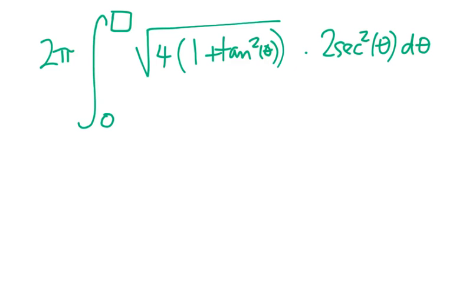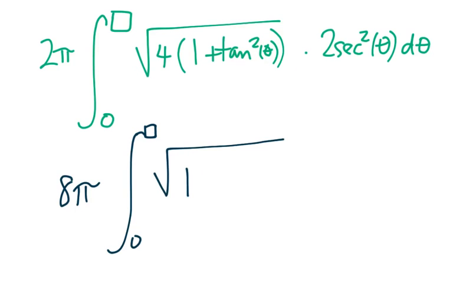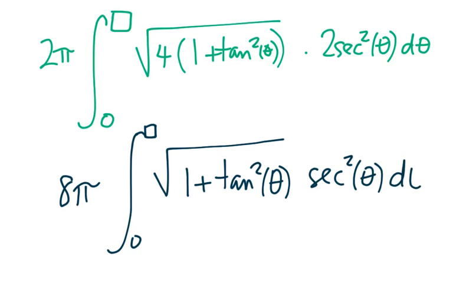All right? Square root of 4 is 2. 2 times 2, 4. 4 times 2, 8. So I really have an 8 outside, 8 pi. Integral from 0 to something. Square root of 1 plus tangent squared theta. And then secant squared theta d theta.